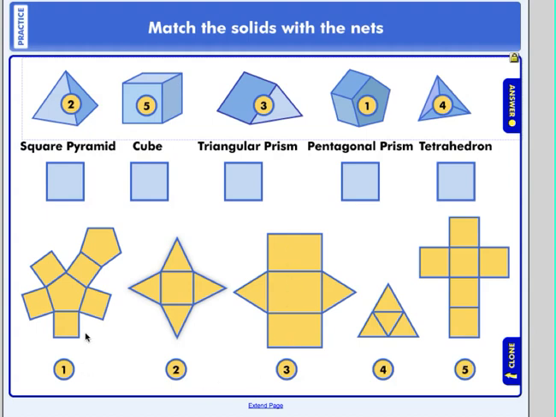The pentagonal prism is right here. That one's kind of a tricky one. And then number 4 here is a tetrahedron. You might not have been familiar with that before, but maybe you were able to figure it out based on eliminating the other possibilities. Okay, good work with your solids.